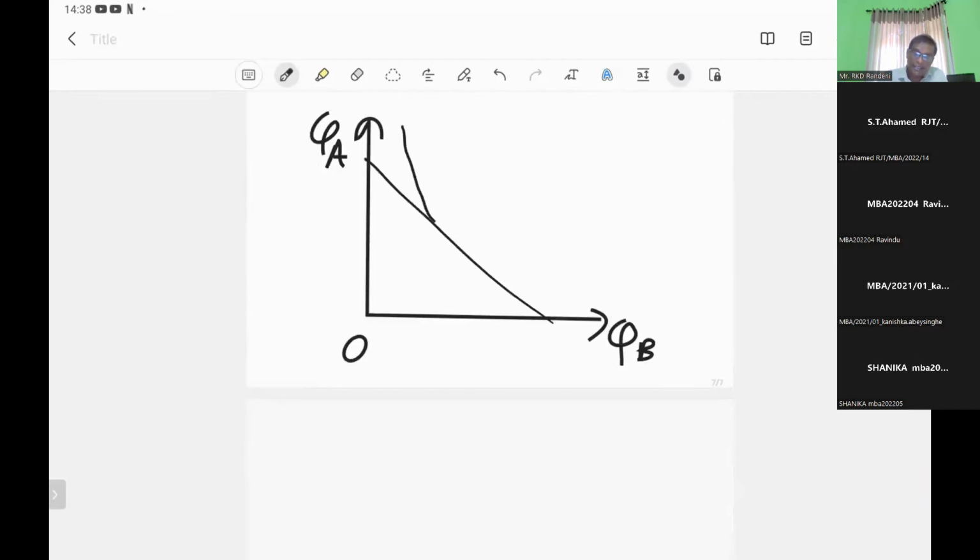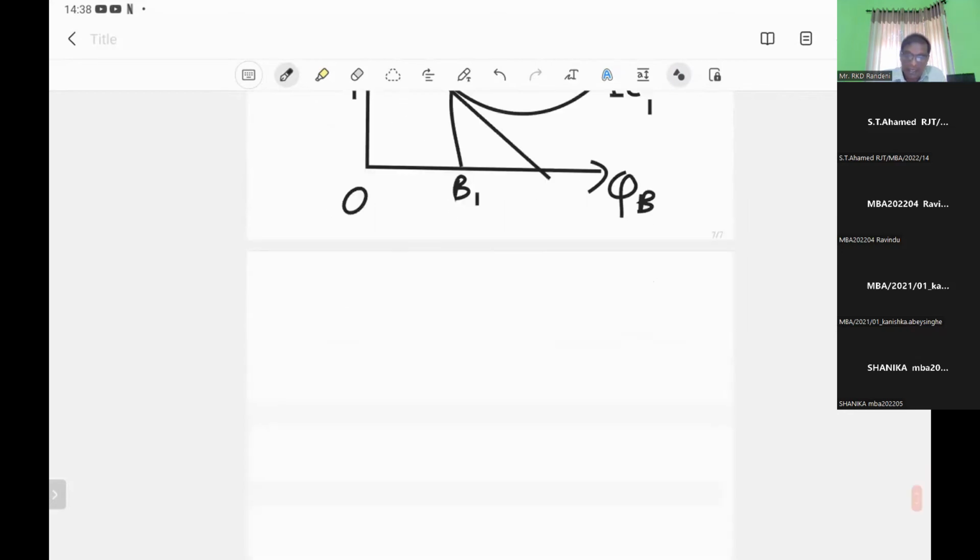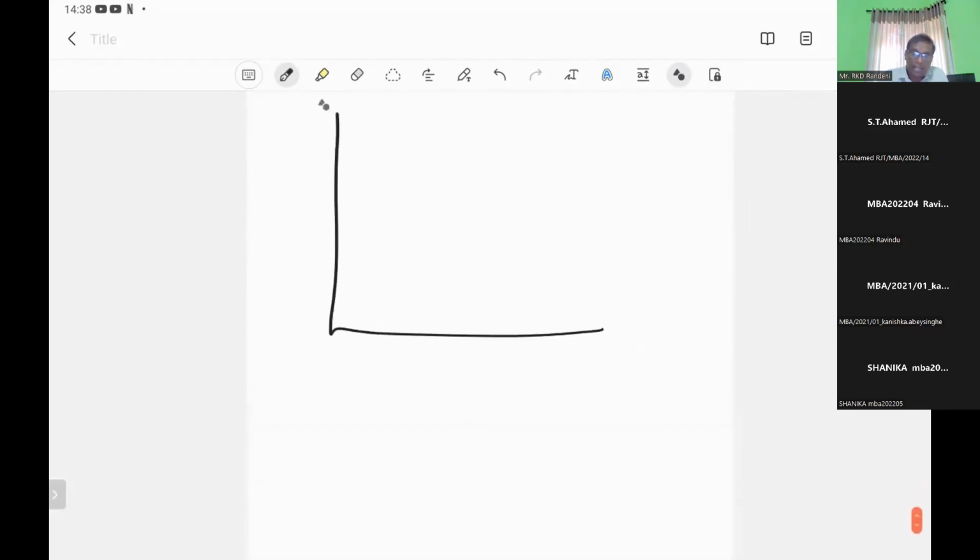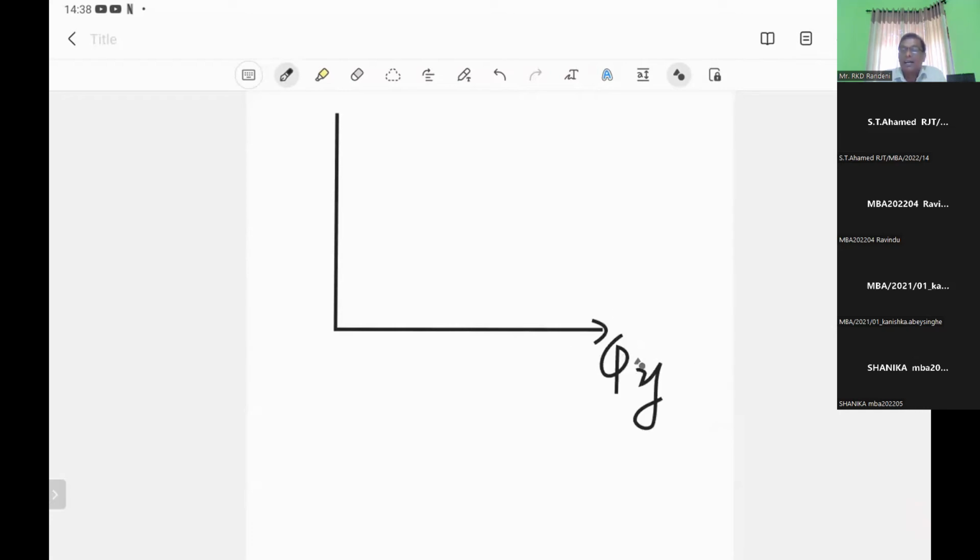The budget line is here, and A1, B1 is the utility-maximizing combination of two commodities. You can put A, B, right? This is actually the y-axis and x-axis, so you can put quantity Y here and quantity X here.